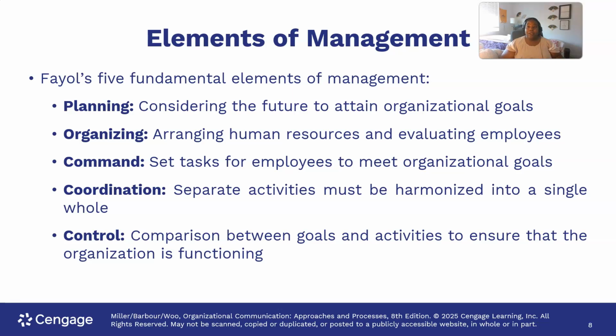So we have our natural resources, we have the products that are being produced, but human resources and managing people are key to a successful company. Then we have task. So set tasks for employees to meet organizational goals. How do managers set those goals and set those tasks and communicate those tasks clearly to employees?